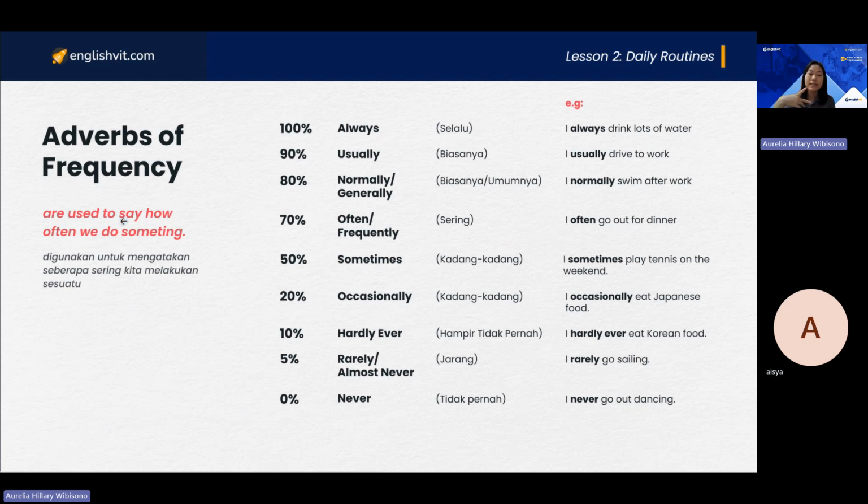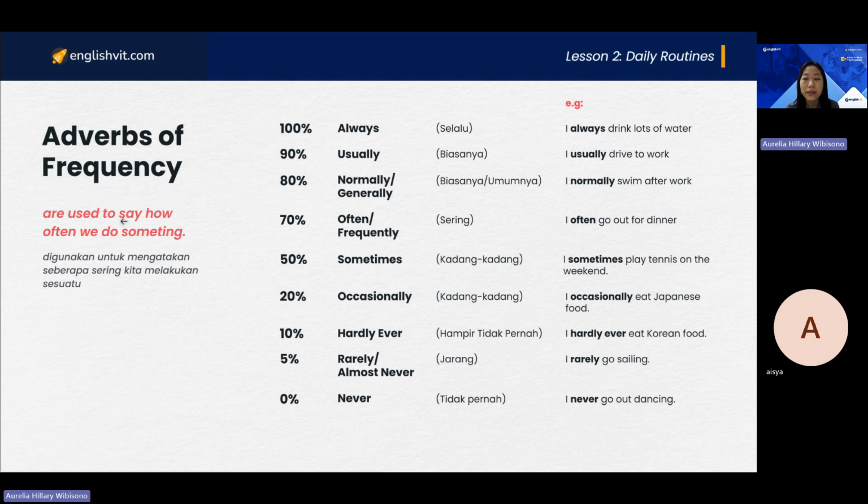In Bahasa Indonesia, we usually only say tidak pernah, jarang, kadang-kadang, biasanya, selalu, like that. But we don't have the exact percentage. But in English, we have specific vocabulary for each percentage, as you can see on screen.